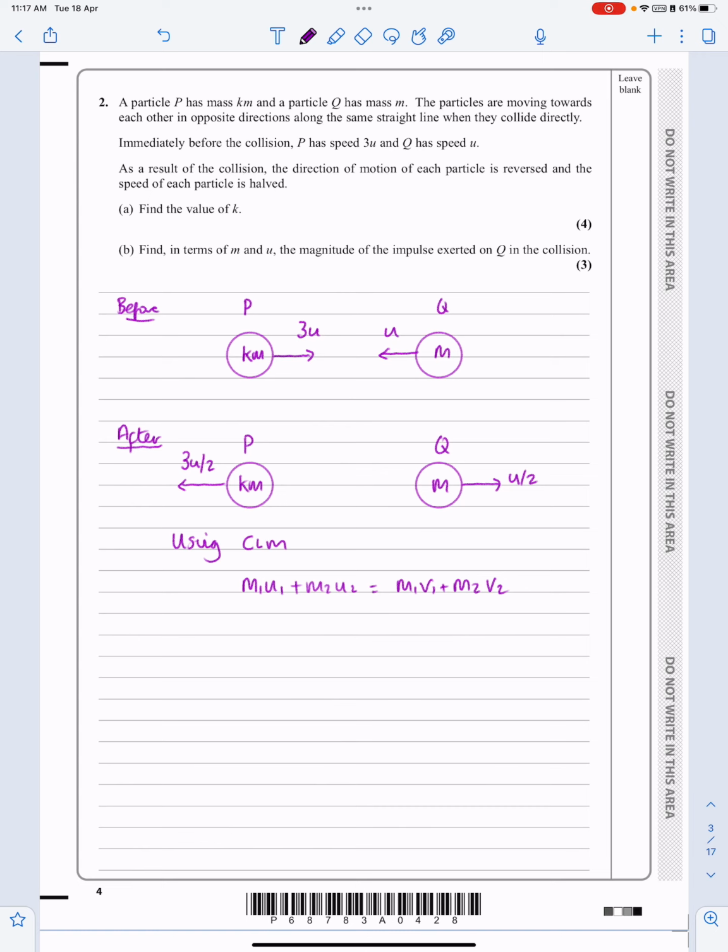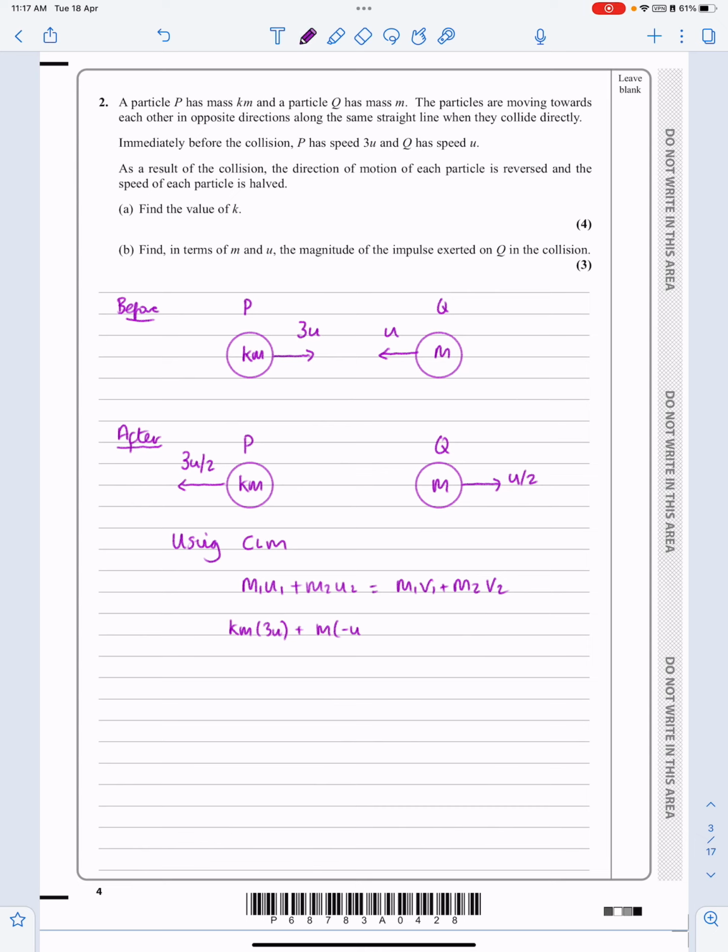So we've got Km times 3U plus M times minus U. I'm taking that direction as being positive. You don't have to, but that's the way I'm going to go with it. You don't even need to put that positive on there. I'm telling you, but if it was part of my answer scheme, I wouldn't necessarily have that.